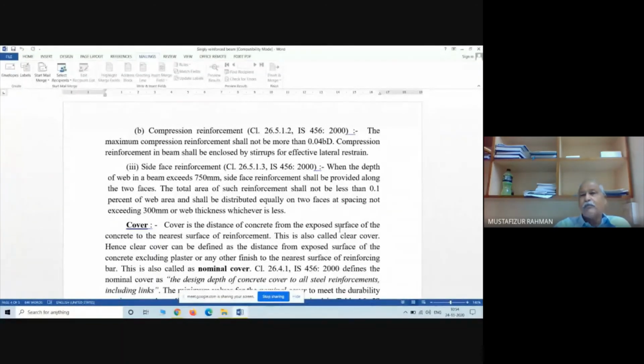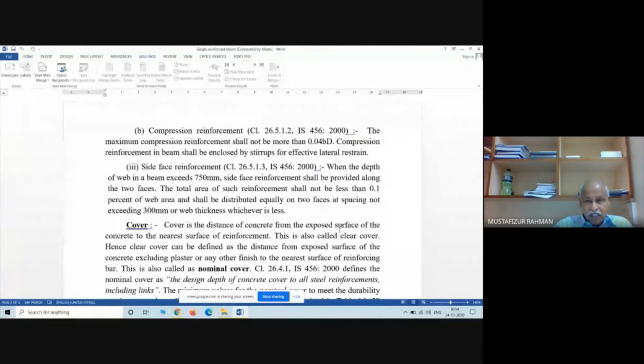Now see, we are providing reinforcement both at the lower level as well as the upper level. These are bound by the stirrups. Now the basic requirement of reinforcement is to keep the concrete in its position.